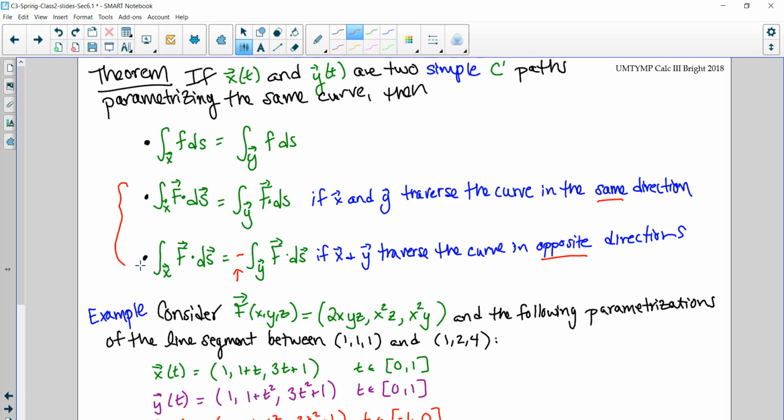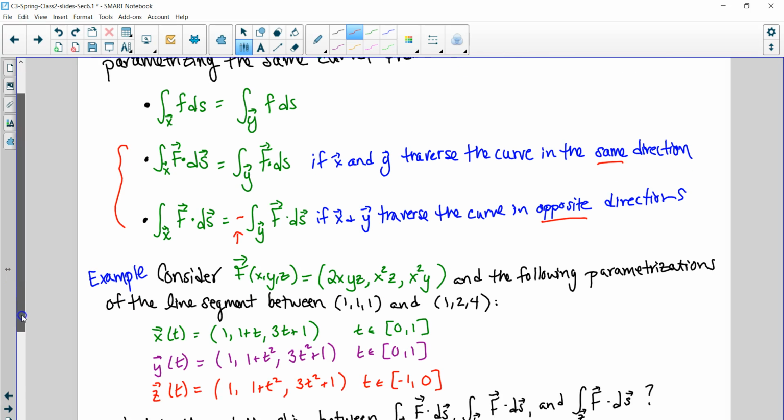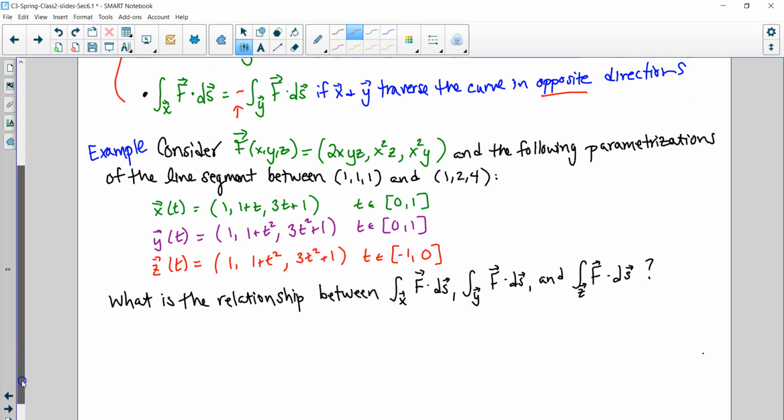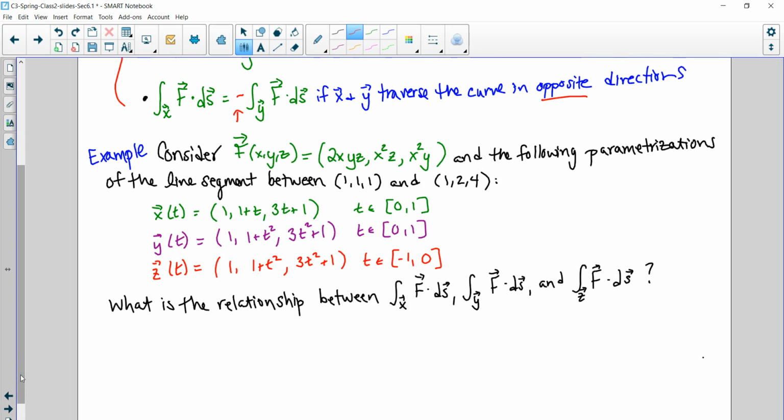If I'm careful, I'm thinking, what is the direction that each one of these goes in? So for x, I'm going to say, well, x would start, when t is 0, at 1, 1, 1 if I put in 0, and it would go to 1, 2, 4.